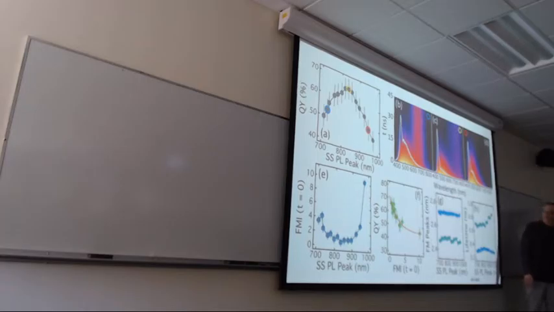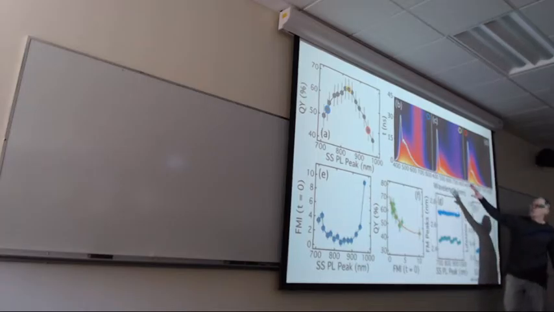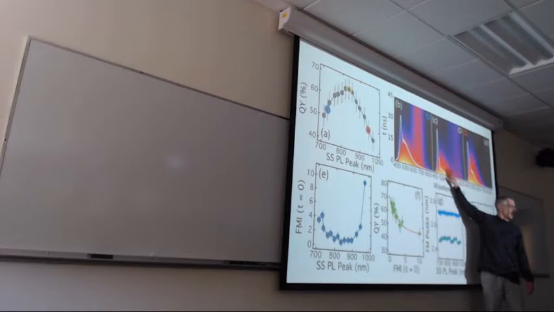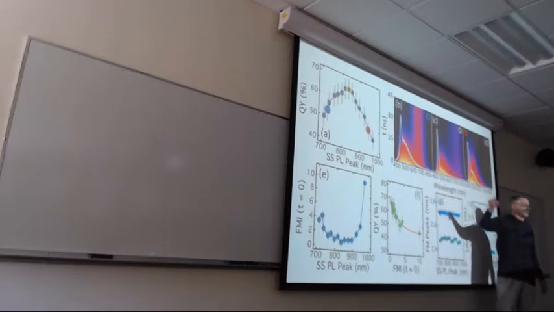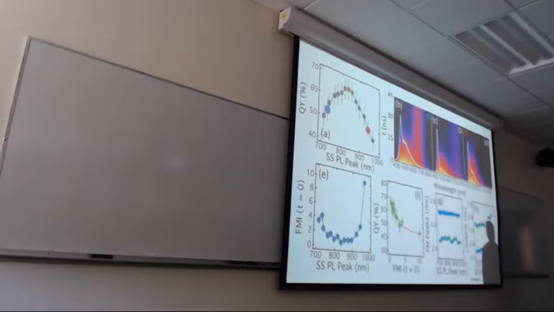Does that make sense? So again, when this peak is really big, this fast peak that we think is the direct transition, the quantum yield's really low. So this suggests there's two channels. There's the usual indirect channel that we see in the red, and there's a fast channel in the blue.